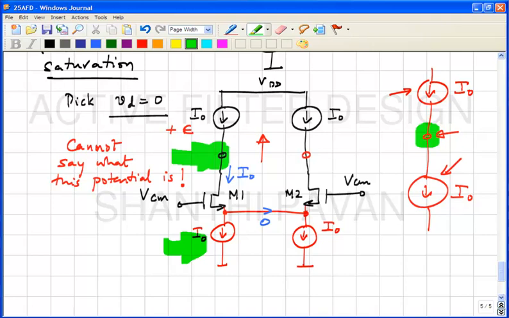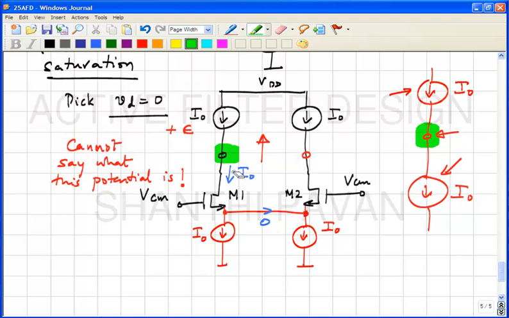Is this clear? And if these two happen to be exactly identical, that really doesn't mean anything because that potential is unknown. It could be at a potential where M1 is in triode, and it could remain there because the current being pushed into the node is the same as the current being pulled out of the node. Does it make sense?